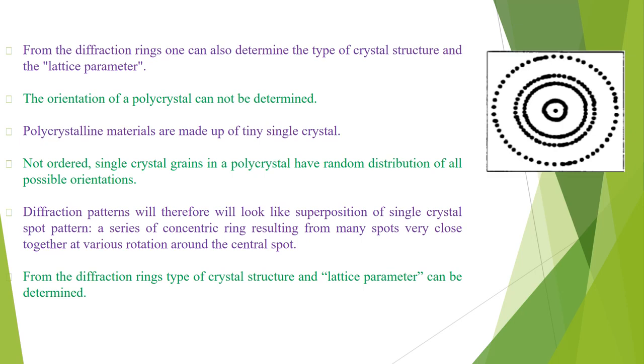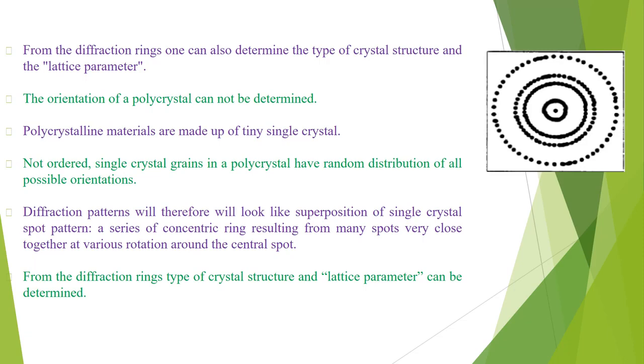Polycrystalline materials are made up of tiny single crystals. They are not in an ordered form. Single crystal grains in the polycrystal have a random distribution of all possible orientations. That's why the diffraction pattern will look like a superposition of single crystal spot patterns and a series of concentric rings resulting from many spots very close to each other at various rotations around the central spot.